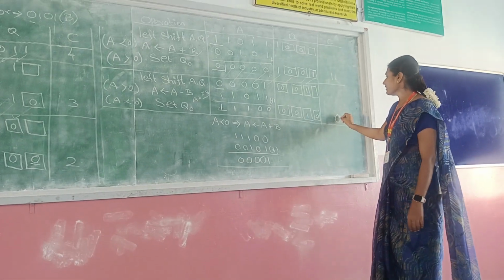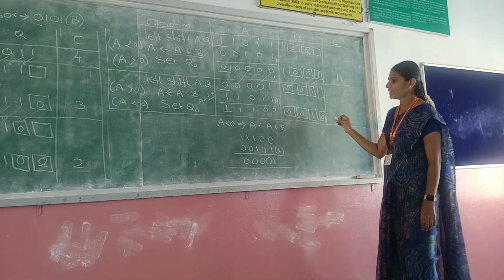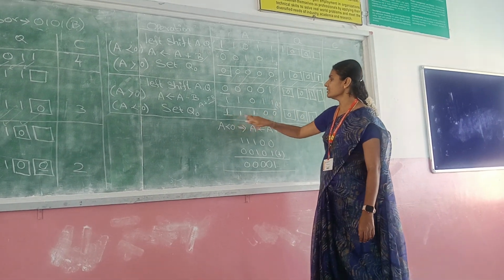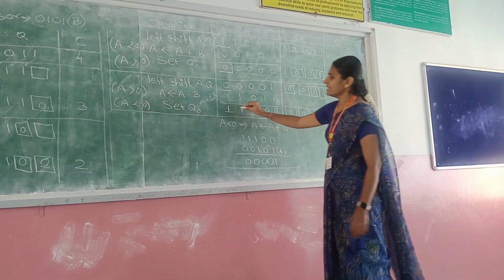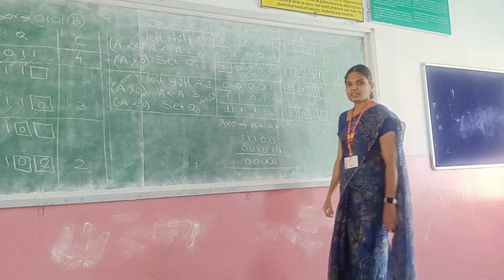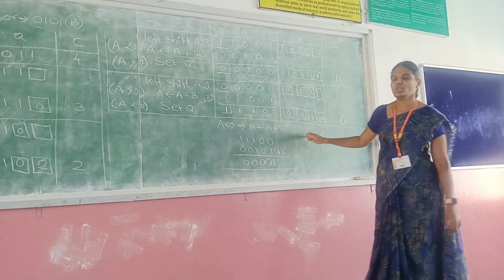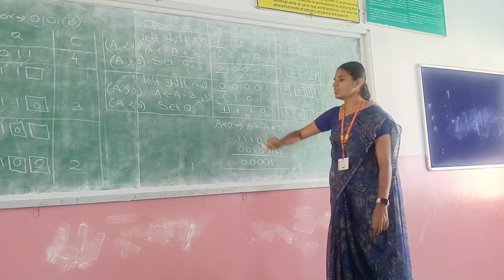After stopping our division operation, to get the final output value, we check again based on this A value. The final A value is 1, 1, 1, 0, 0. Here the sign bit is 1, it indicates that A is a negative number. In the last step, if A is a positive number, you can directly take this A value as your output.